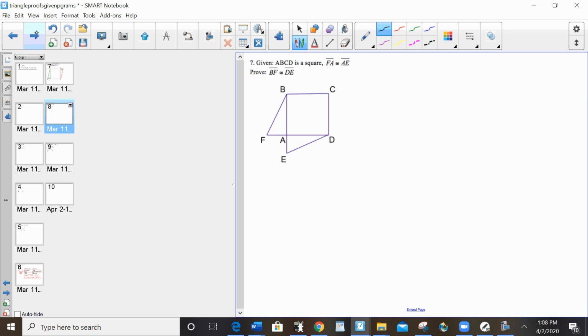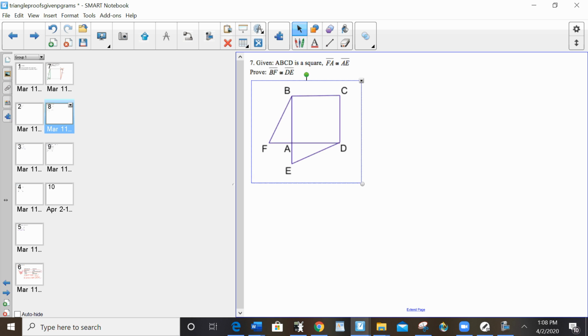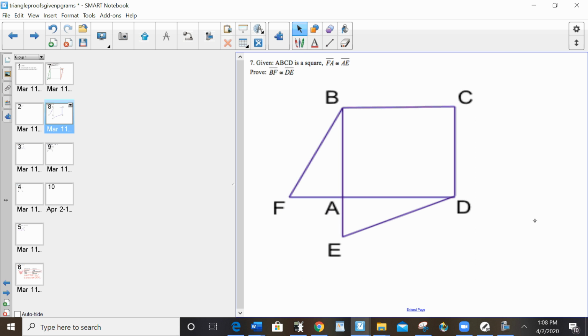Number 7. We're always proving triangles are congruent. Is it obvious which triangles I'm proving congruent? It is to me. I see this triangle and this triangle.